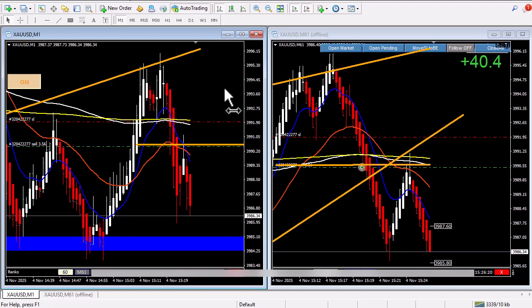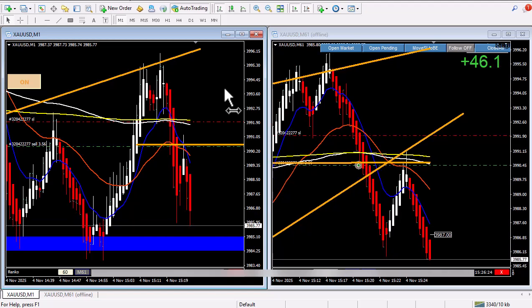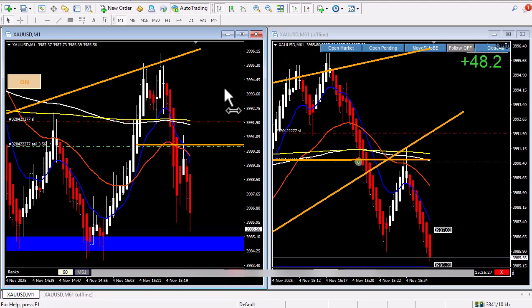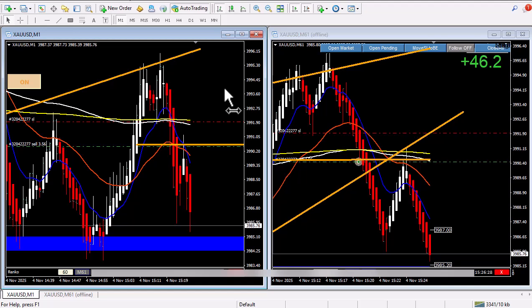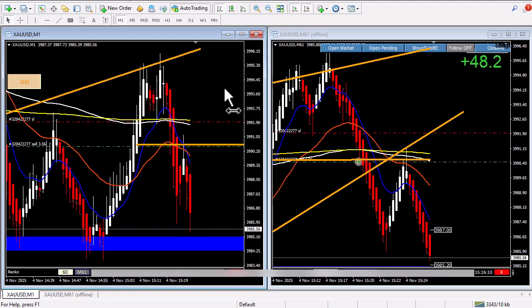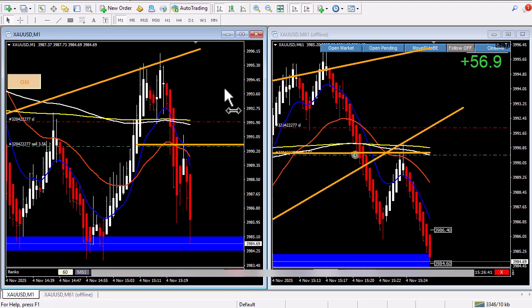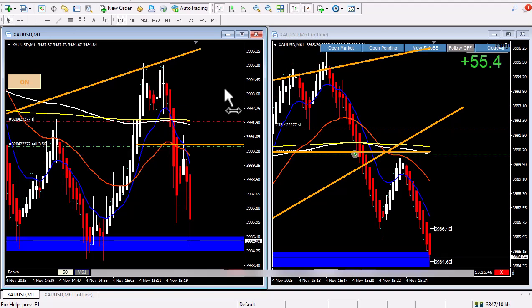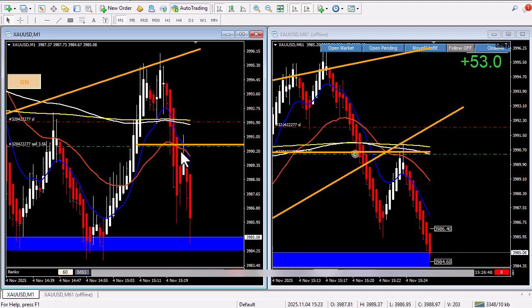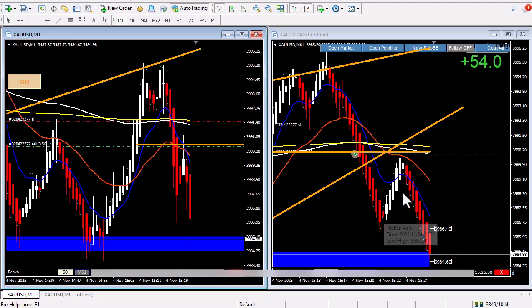Let's wait. Just going down, racing to the support area. Yes. We're almost 3 times in profit. Now almost 4 times, and we reached our first support area, 5-minute time frame.